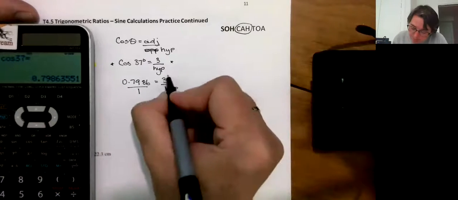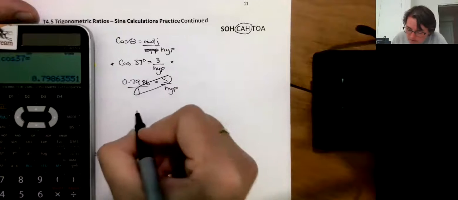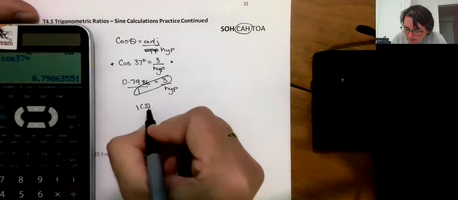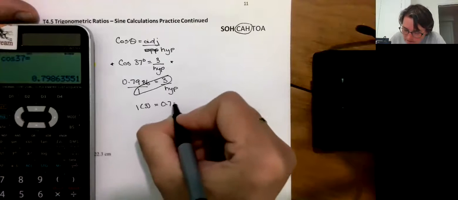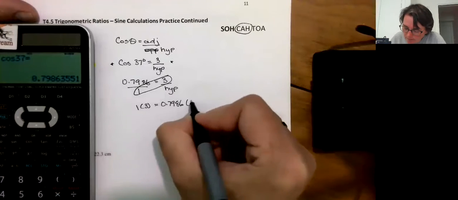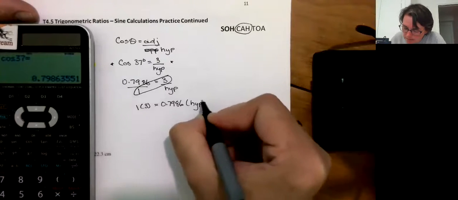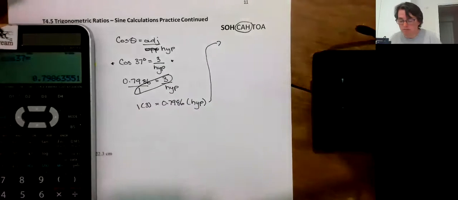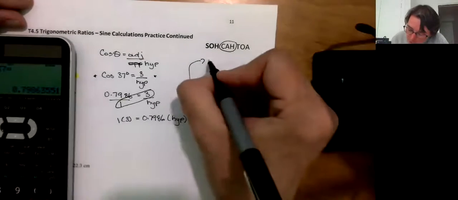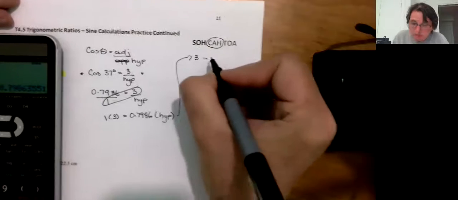Yes, it's always 1. So 1 times 3 is equal to 0.7986 times my hypotenuse. Okay, I'm going to go up here because I realize I'm about to run into other questions. So 3 is equal to, you see that?